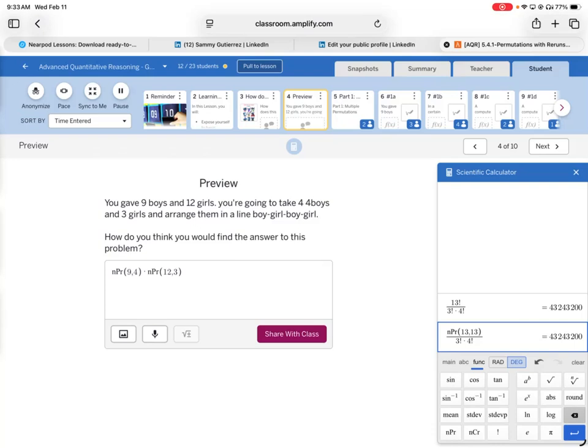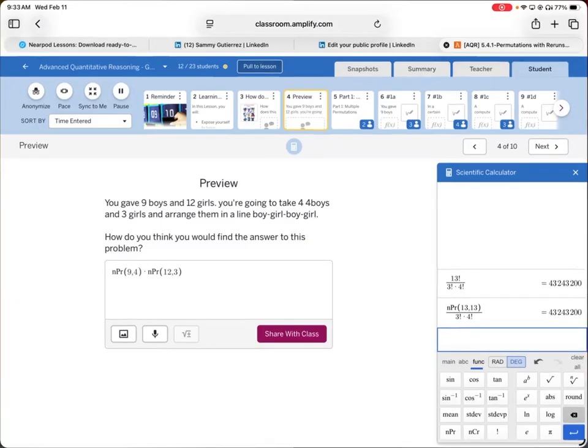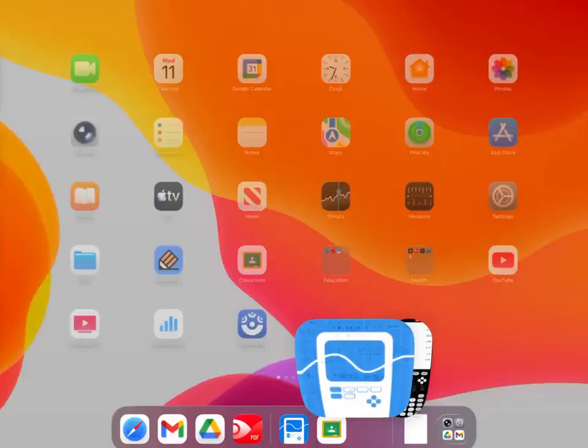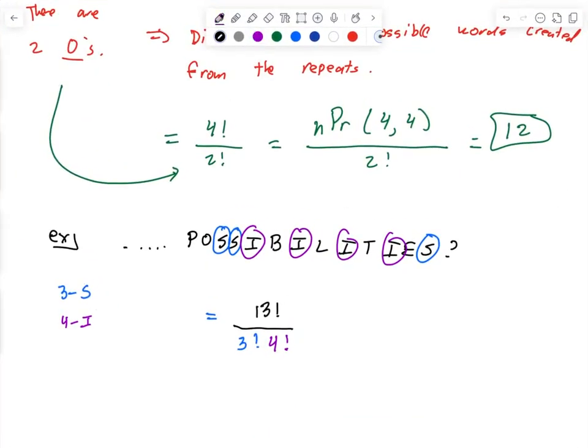You can see they're the same thing. The reason this top one might be more helpful is if I'm not using all 13 letters, say only 5 of the letters. Enter. There we go. My answer here is 43,243,200 possibilities.